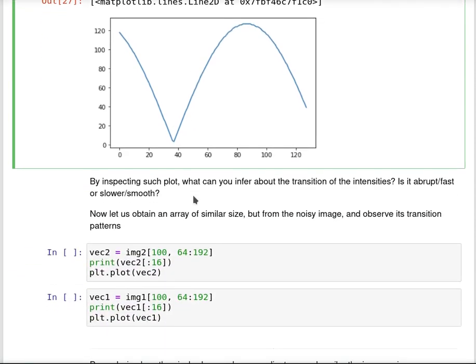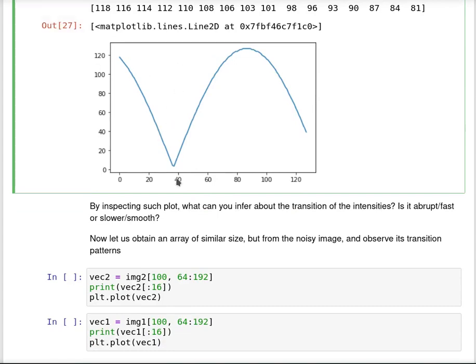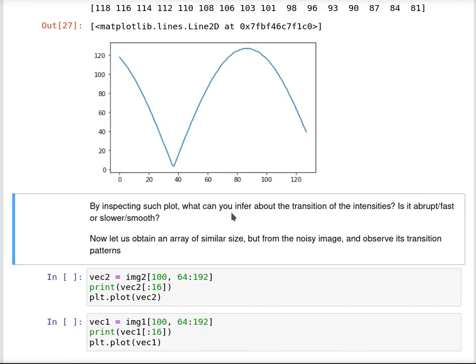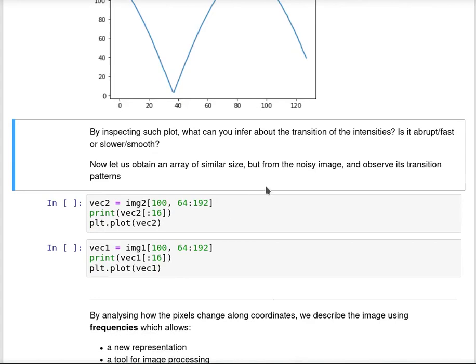By inspecting this plot, what can we infer about the transitions of the intensity? Is it an abrupt transition, a fast transition, or a slow, smooth transition? That's something that we are interested in finding when we do a frequency analysis.